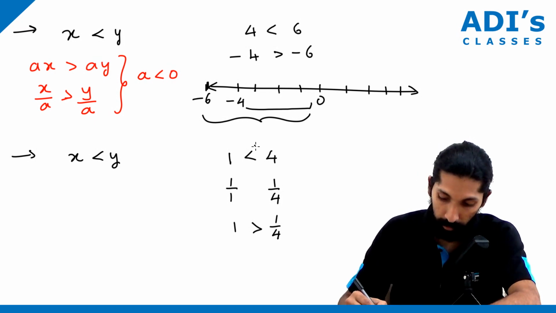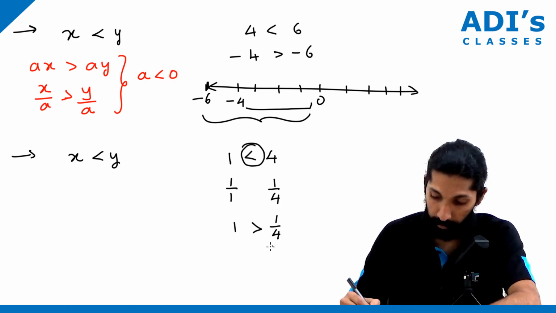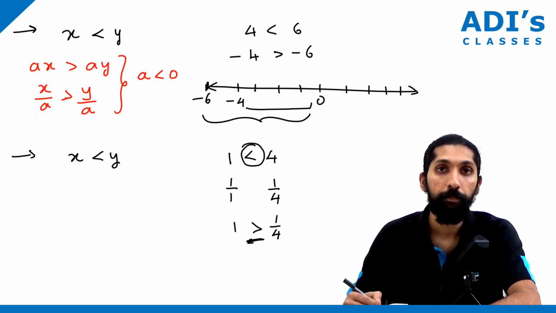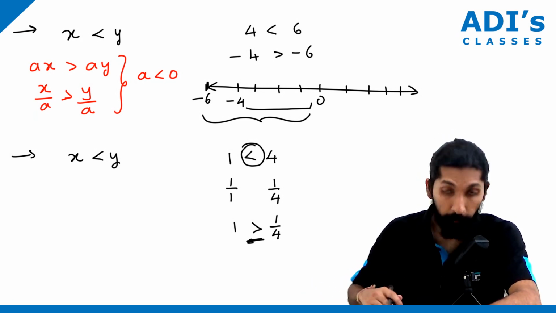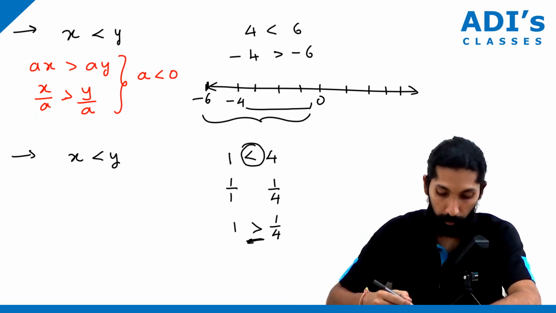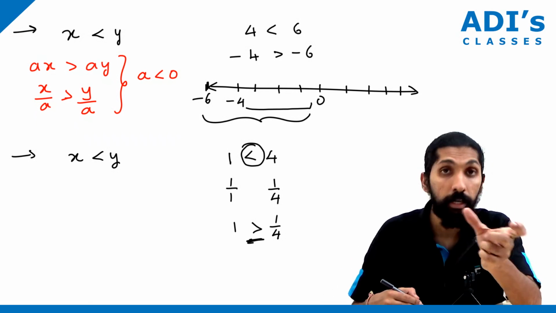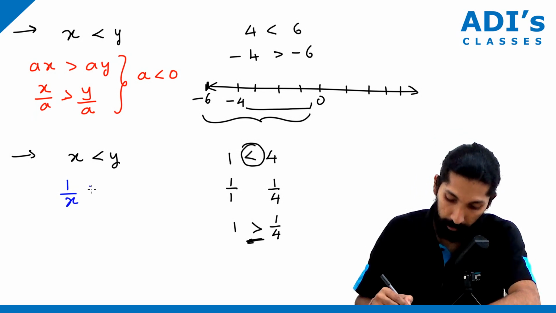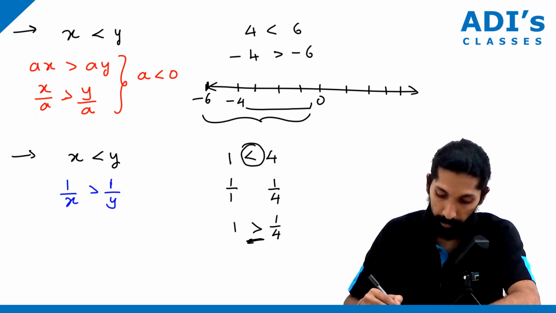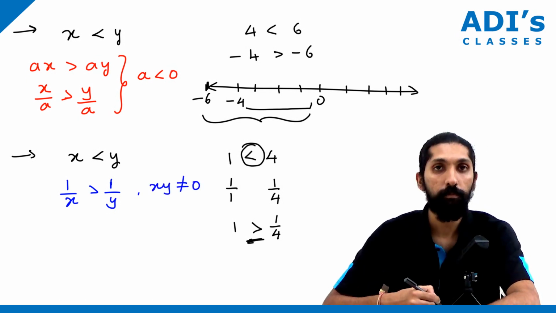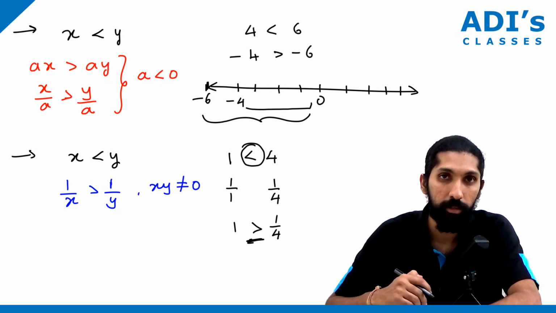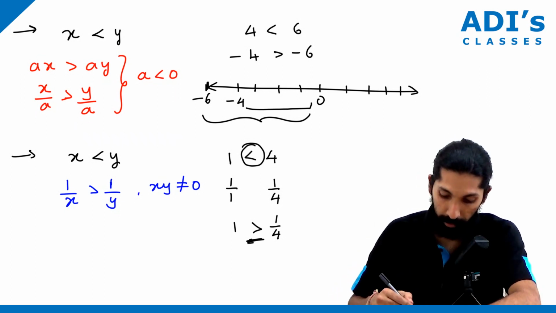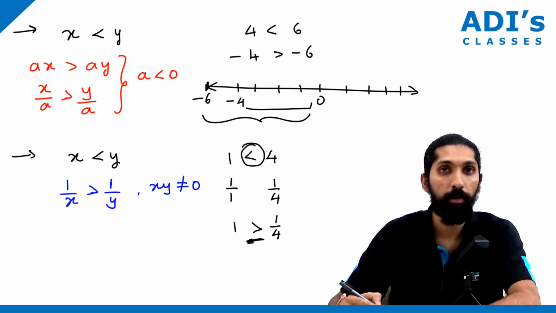See, the initial condition is this. The final condition is this. So what we can tell, if you reciprocate the inequality or that relation between the two numbers, 1 by x will be greater than 1 by y, provided x and y are not equal to 0. Because you can't do 1 by 0, right? That's why. So 1 by x is greater than 1 by y.